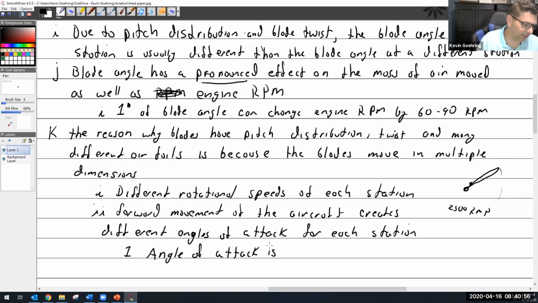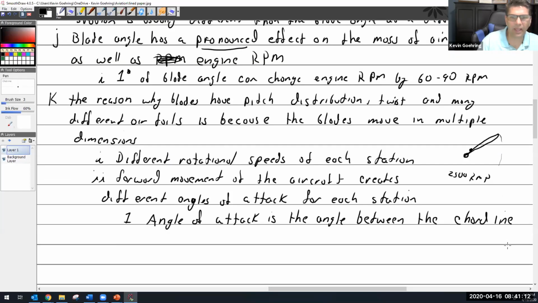Angle of attack is the angle between the chord line and the relative wind, and of course, the relative wind is what is relative to that particular station.